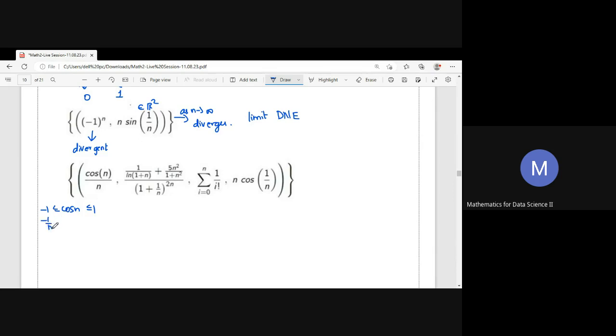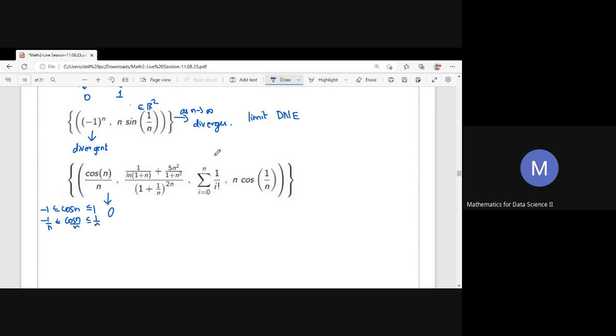So -1 by n is less than or equal to cos n by n, which is less than or equal to 1 by n. Now by the sandwich rule, both these boundaries tend to 0 as n goes to infinity. So the limit of this sequence is also 0.